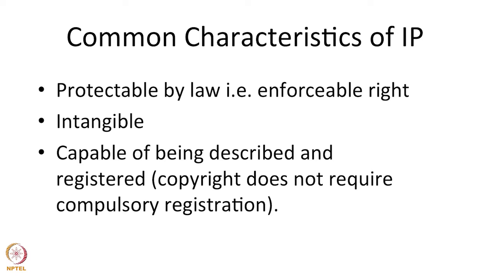The second trait is that they are different from normal property. We can use the word intangible. These rights are intangible. You can't touch and feel them, but they manifest in the end product in some way. And because they are intangible, they need to be described by some means.